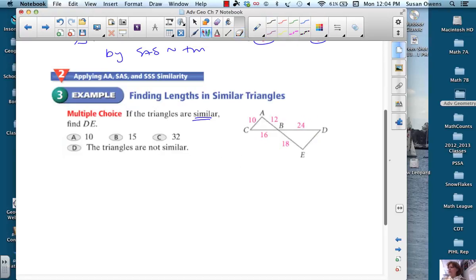If we go across and do 12/18, that is equal to 16/24. So 12/18 equals 16/24, and if we reduce that, it reduces into 2/3.